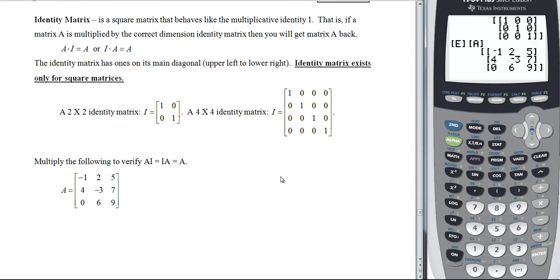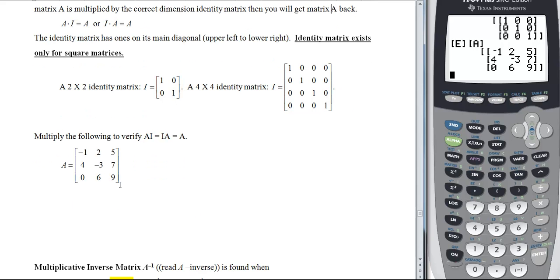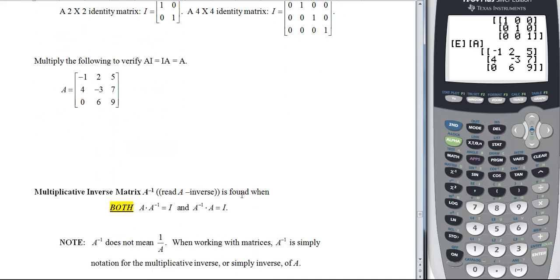So it's sort of cool. So we do have a multiplicative identity for a matrix. And this does come in handy here in just a bit, and also in the next section.